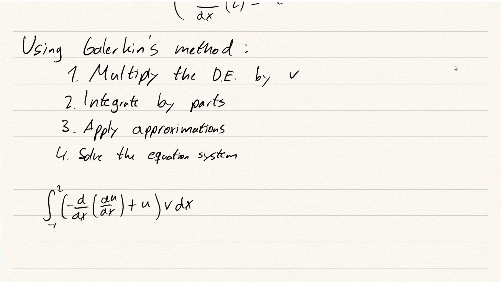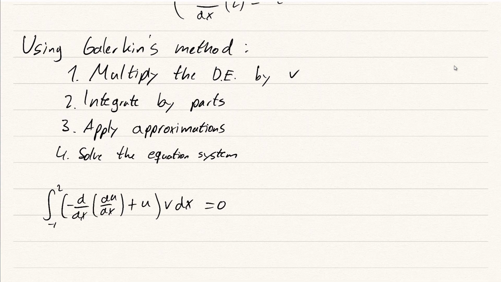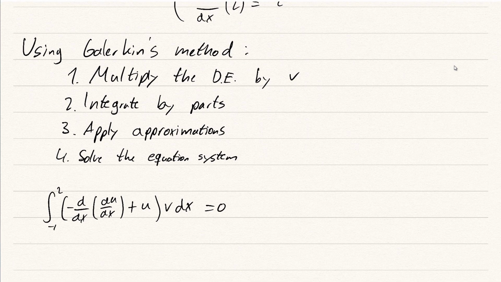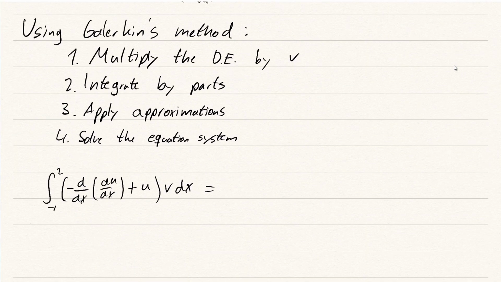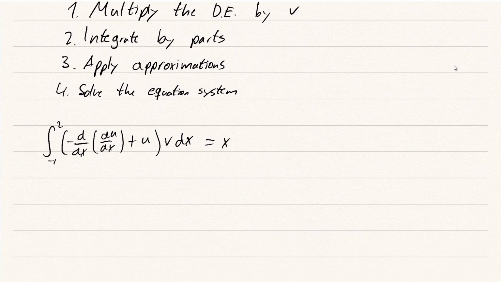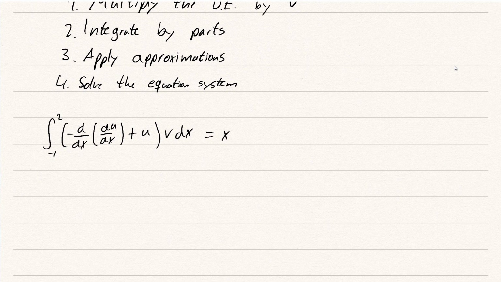And we set this to 0, and now we can start our integration by parts. What am I saying? This is not equal to 0, this is equal to x. Alright, so now integrate by parts.